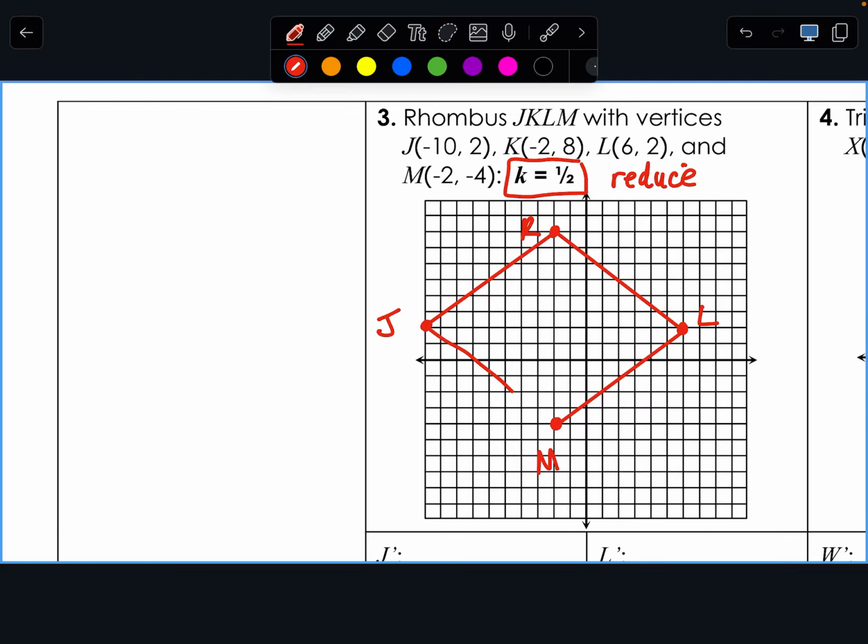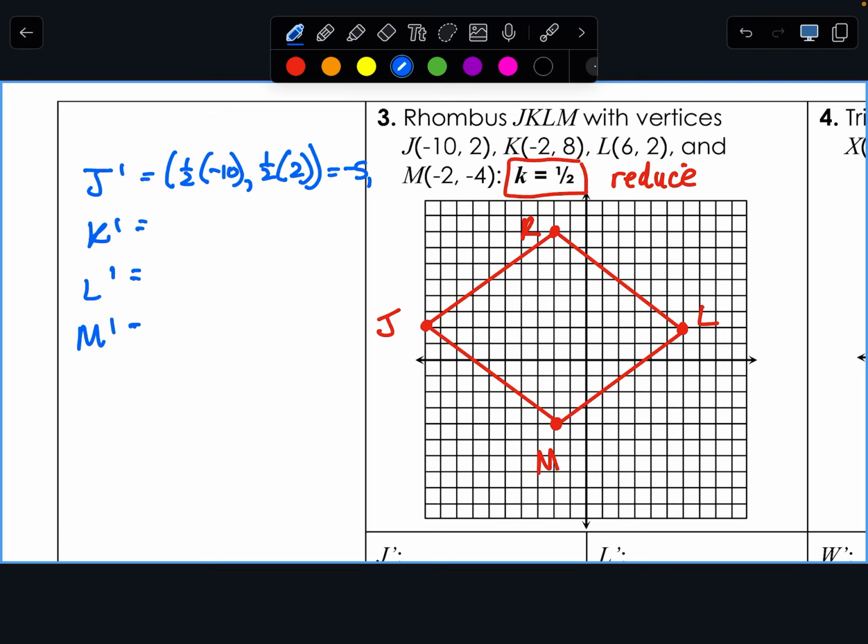Now, when I find all my points, when I do J prime, K prime, L prime, and M prime, it's half times negative 10. Half times 2. Half of negative 10 is negative 5, and half of 2 is 1.